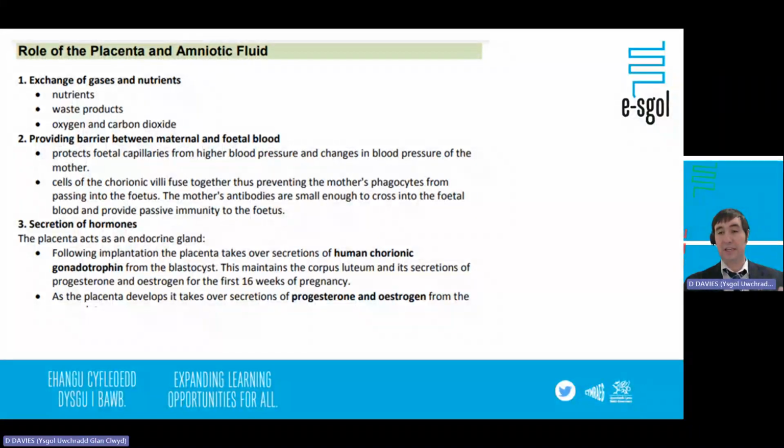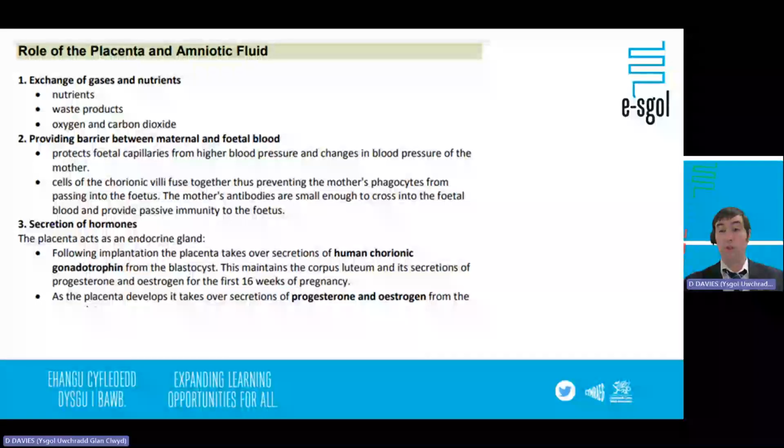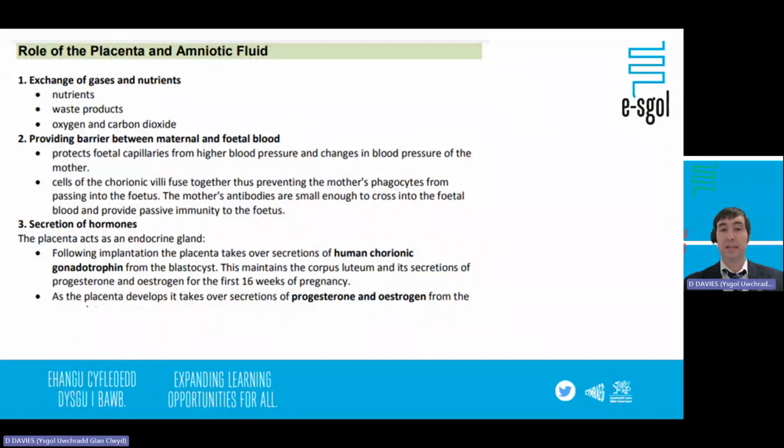Obviously, the developing fetus has a different genetic makeup to the mother, which means the mother's immune system would destroy it if it could. That is part of the basis for morning sickness.